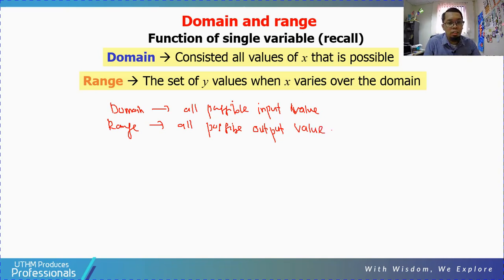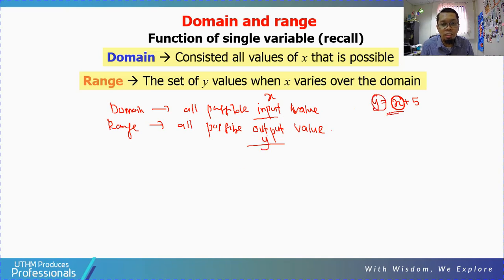So here there are two words, input and output. Input, let's say for a single variable y equals x plus 5, the input is x, so the value of x. The output is y, the value of y.